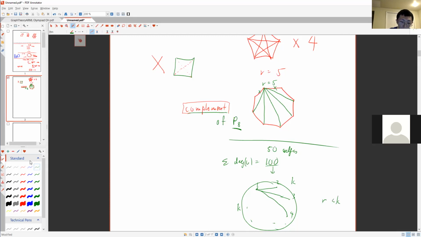And then you do the same for, actually, maybe this doesn't work. I think you should connect this to about r over 2 of the next nearest neighbors. So let's say there's a 20-gon, and you arrange 20 vertices in a circle, and it's part of our graph. Maybe there's 40 vertices total.